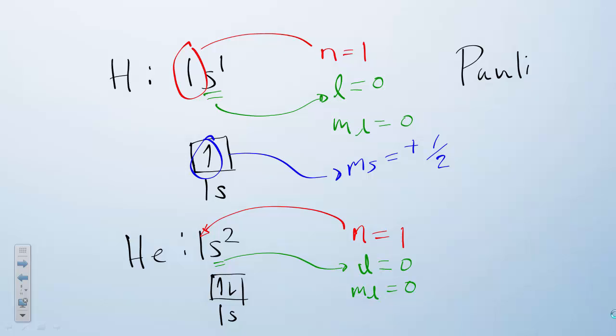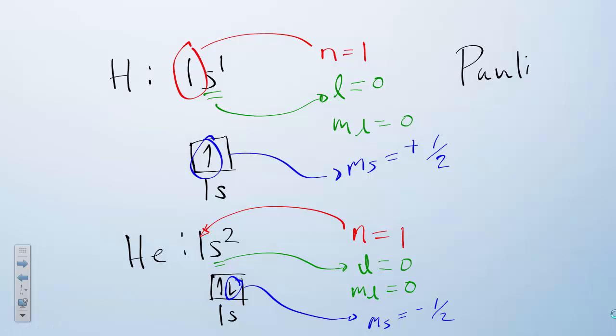And now that we have a spin down electron here, the m sub s is equal to minus 1/2. And so in this way, both of these electrons have their own set of quantum numbers, but we can't use this set again. So basically what this tells us is that when we go to add our third electron to form lithium, there's no more room in the 1s orbital because there's not another set of quantum numbers that would follow the rules and be unique.